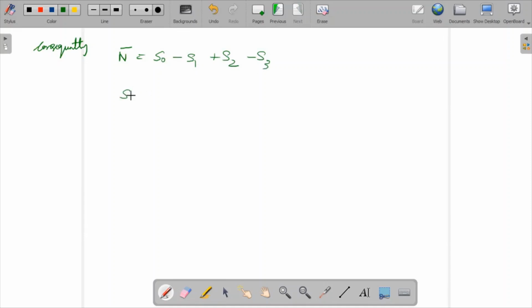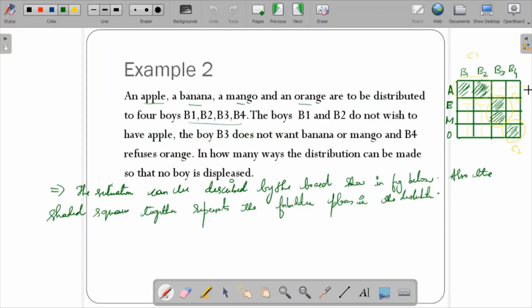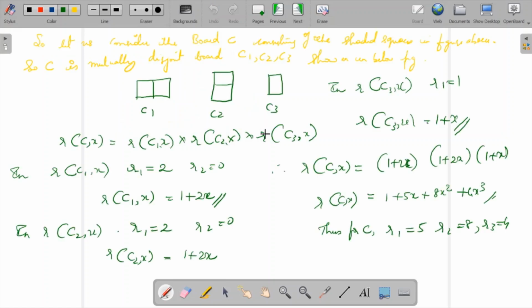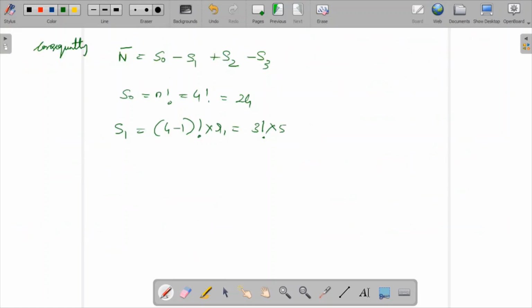Calculate S0. S0 is n factorial, which is 4 factorial, because if you check the board, you have 4 balls. So that results in 24. S1 is 4 minus 1 factorial into R1, so 3 factorial into 5, which results in 30.